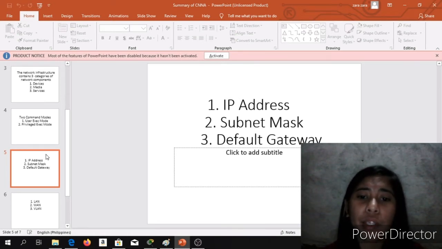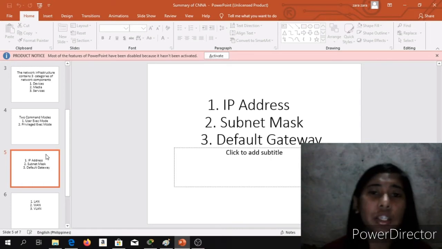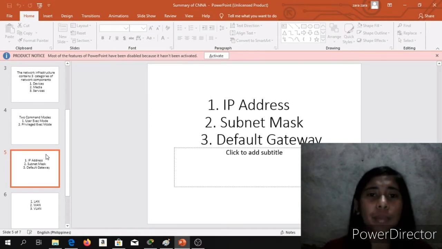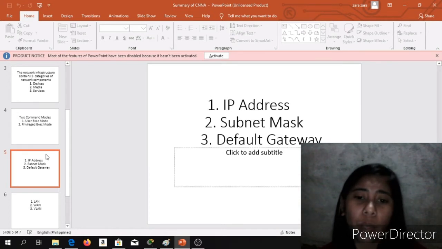And then the subnet mask indicates the host part of an IP address, and this will indicate how many hosts you can have.